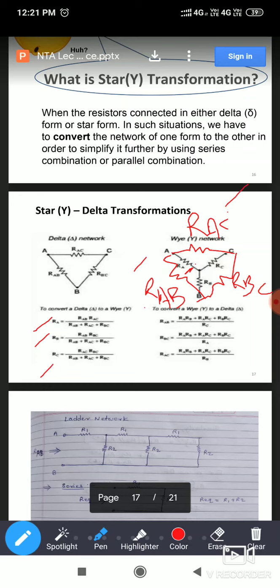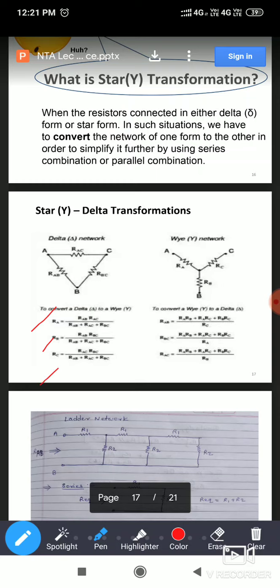RAB आणि RAC, त्यांचा प्रॉडक्ट वरती घ्यायचा, RAB into RAC divided by the addition of all three, that is RAB plus RAC plus RBC. If you observe these three formulas, the denominator is constant, RAB plus RAC plus RBC. फक्त न्यूमरेटर चेंज होतो. मग RB जेव्हा असतो तेव्हा बी पॉईंटच्या दोन साईडचे रजिस्टर कुठले आहेत, RAB into RBC, divided by RAB plus RAC plus RBC.